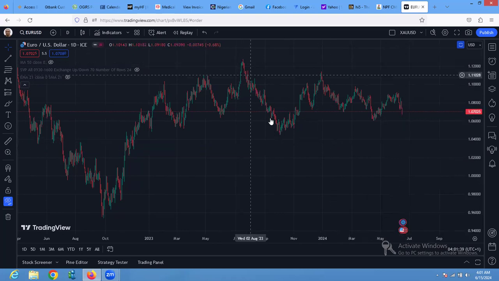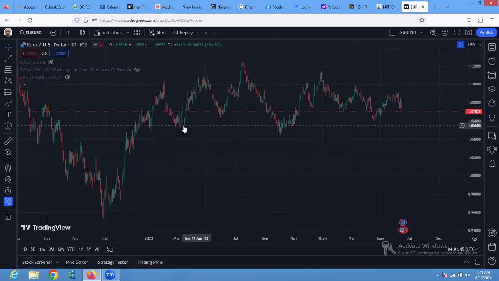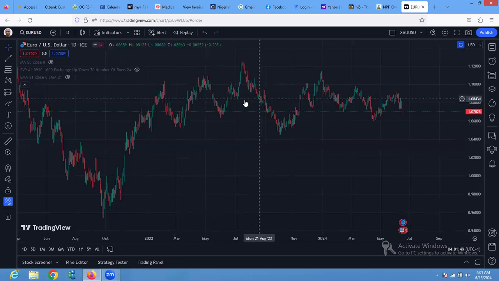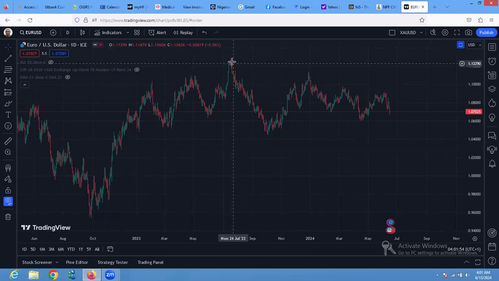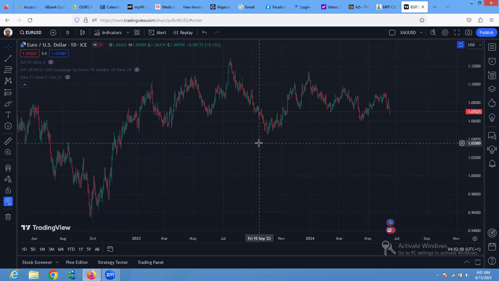So immediately after this move, we see this as the first move to the upside. Then again, we can see also that there is a wedging triangle in this area. If you draw the top to connect the top and drop it down, I'm going to show you all of that.